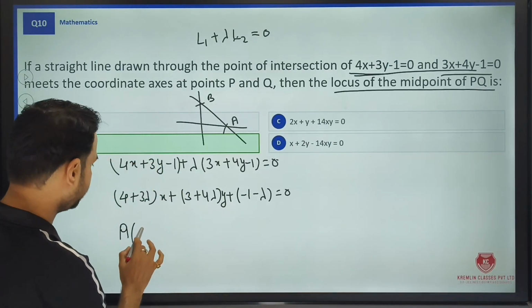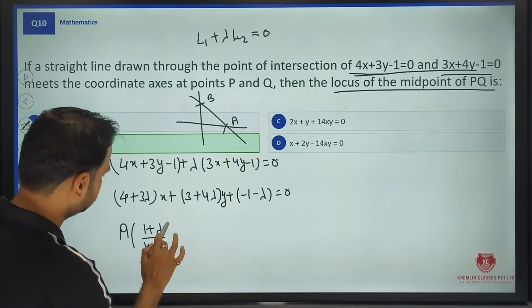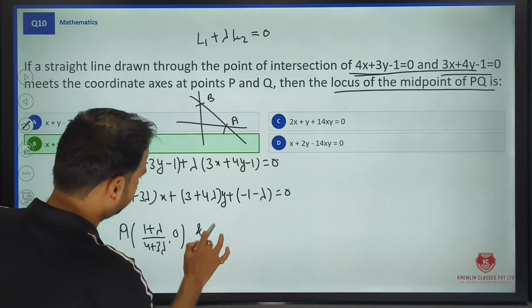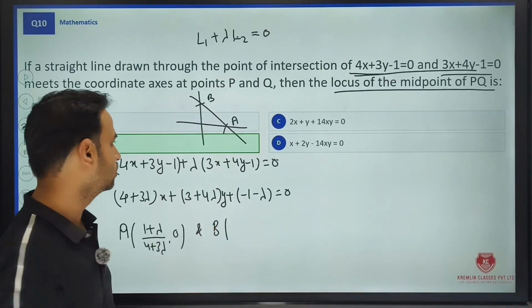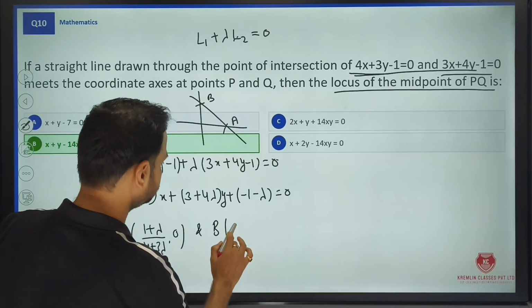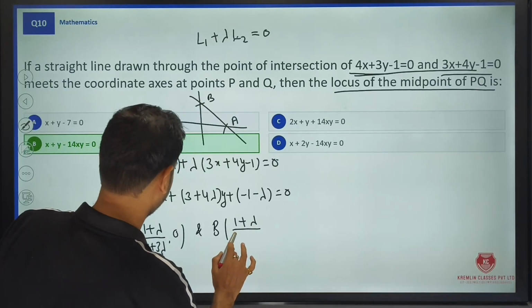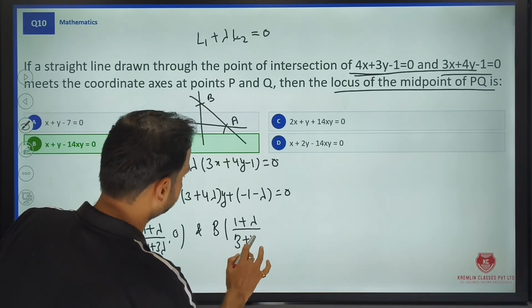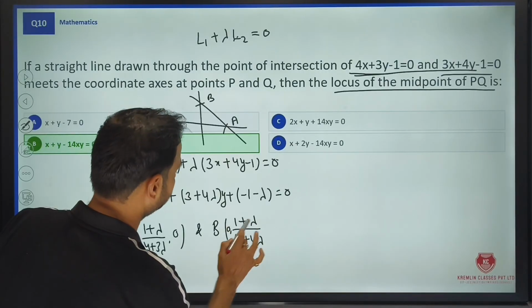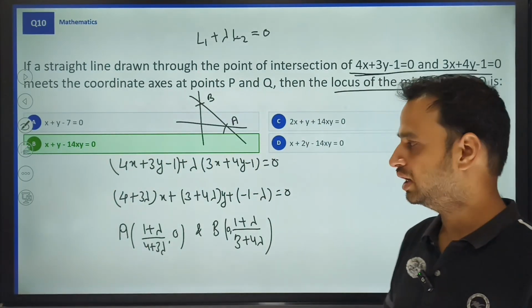Y equal to 0, we will get x equals (1 plus lambda) upon (4 plus 3 lambda), comma 0. And what about B, the point on the y-axis? We have to put x equal to 0. So x equal to 0, we get 0 comma (1 plus lambda) upon (3 plus 4 lambda). So this is a point on the y-axis, this is the point on the x-axis.